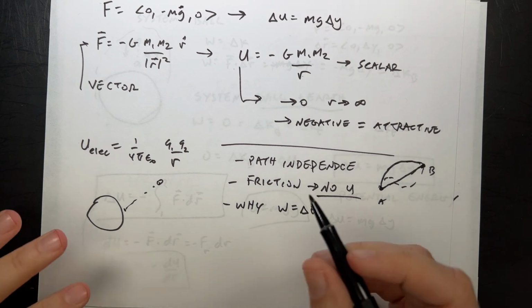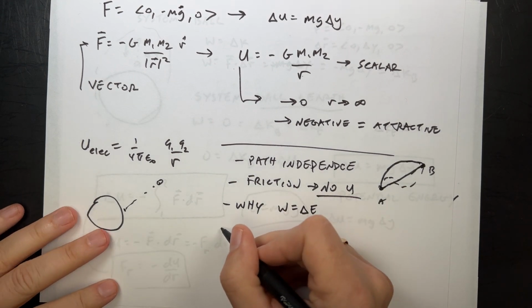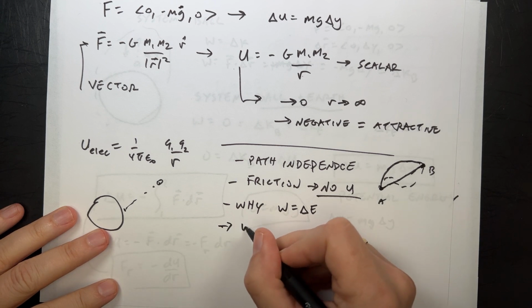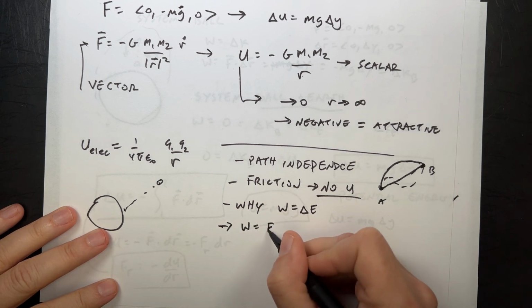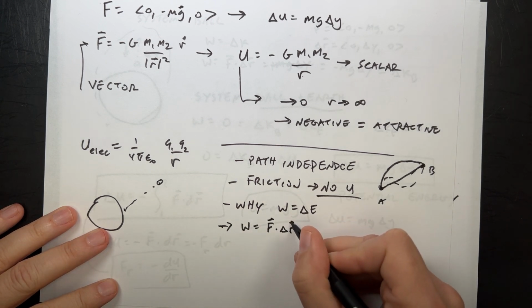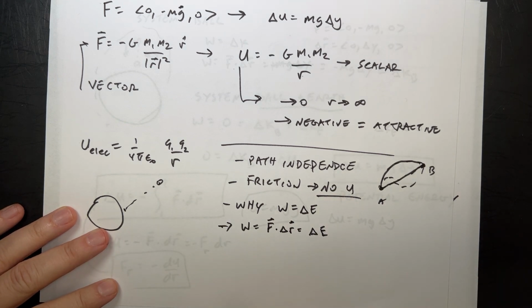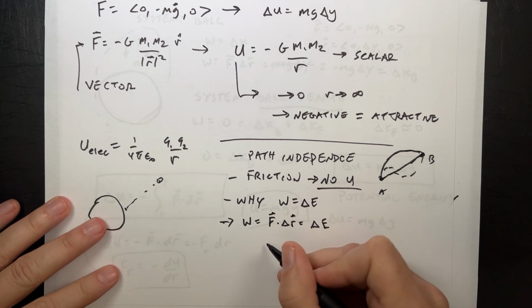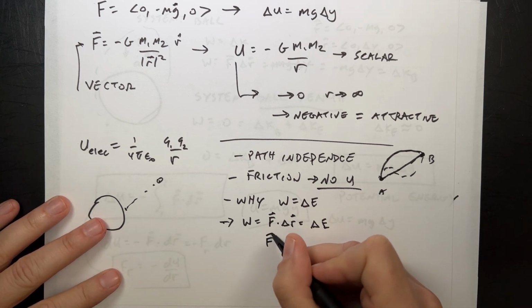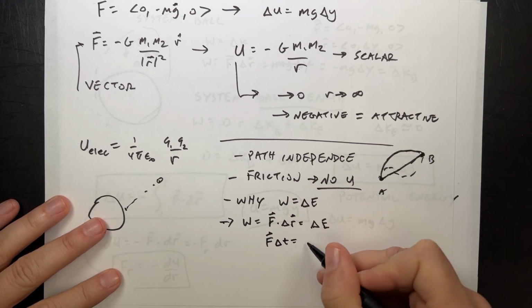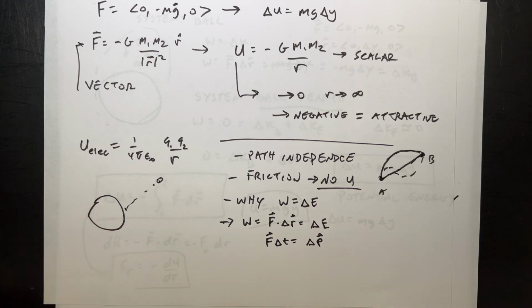Now, let's look at the work energy principle. Work equals F dot delta r, equals the change in energy, and that could be any kind. And then the momentum principle, which I'll write as F delta t equals delta P, right?